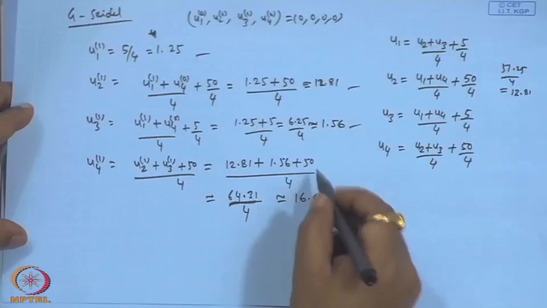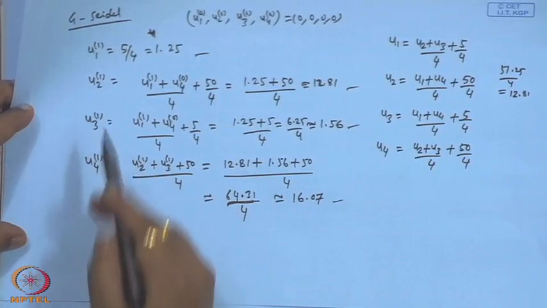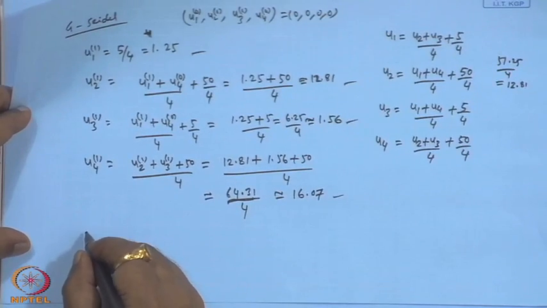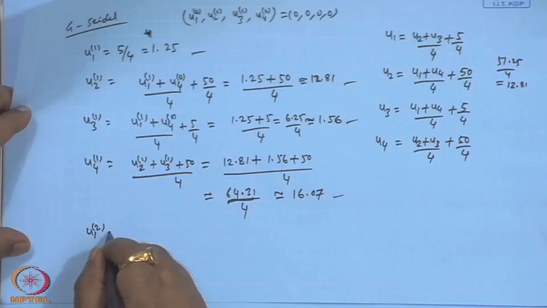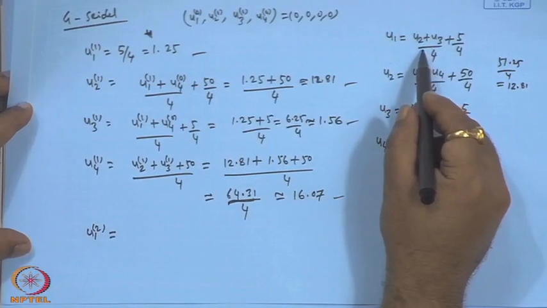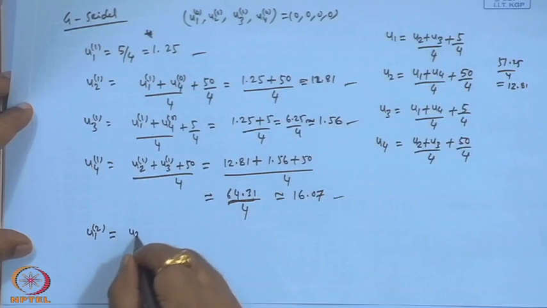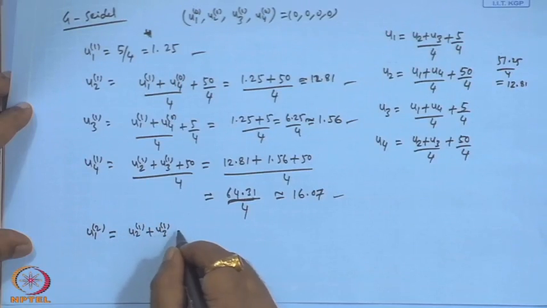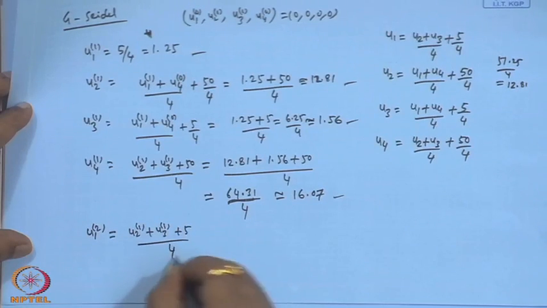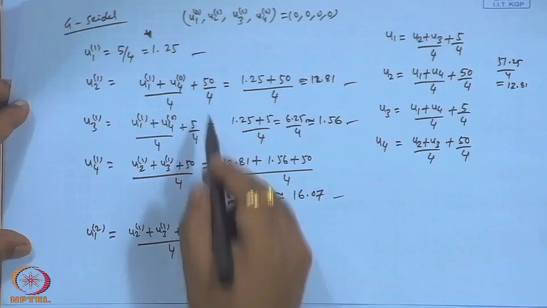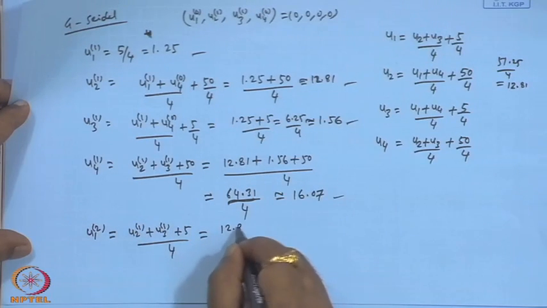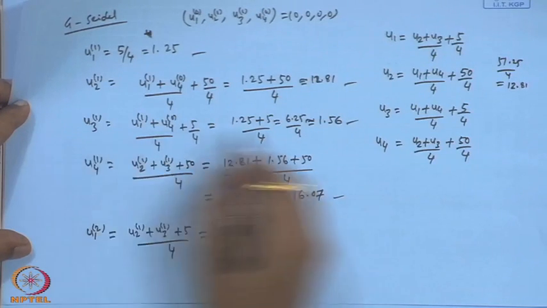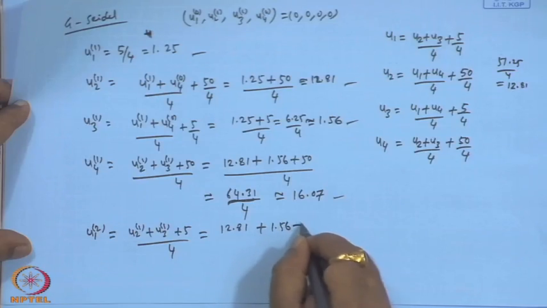Okay. So, for example, I do one value. So, u 1 2 is u 2 1 plus u 3 1 plus 5 by 4. So, u 2 1 is 12.1, u 3 1 1.56 plus 5.